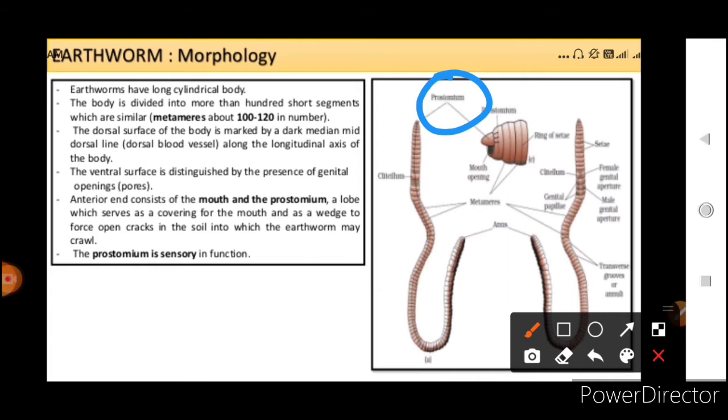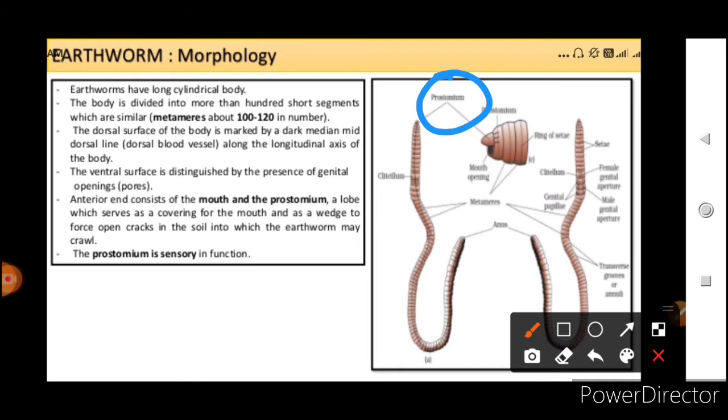It has sensory cells which can sense the surrounding environment, it helps in covering the mouth, and it acts as a wedge to force open the cracks in the soil so that the earthworm can easily slide inside the soil.